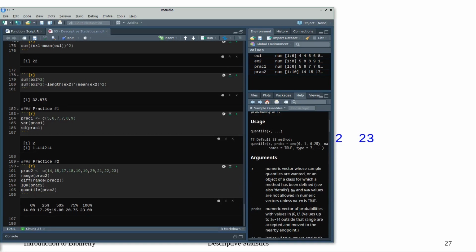So here, if we calculate the first and third quartiles, we get different answers than what we would have obtained by hand. Is that going to be an issue? No. If we do it by hand, I want you to do it the way I showed you. If we do it in R, we just report the values that R calculates.